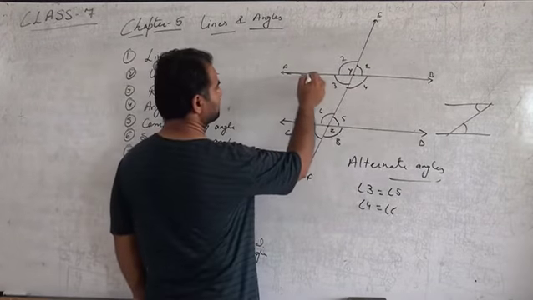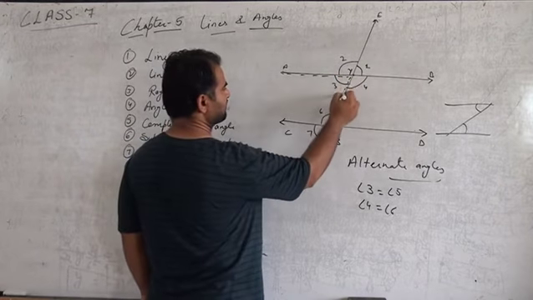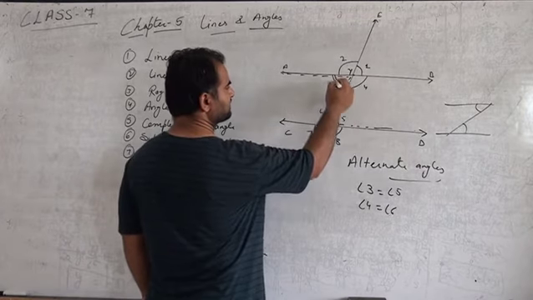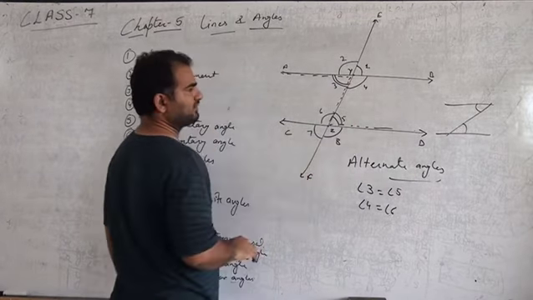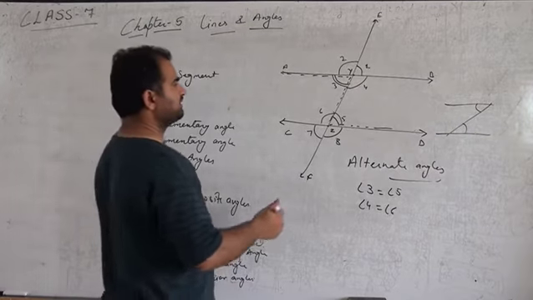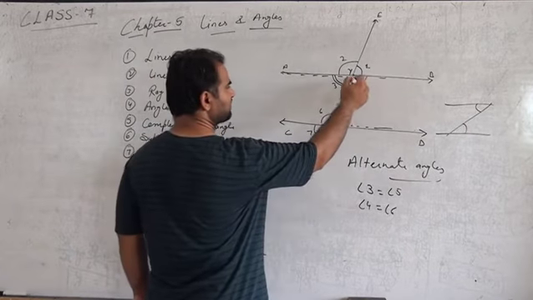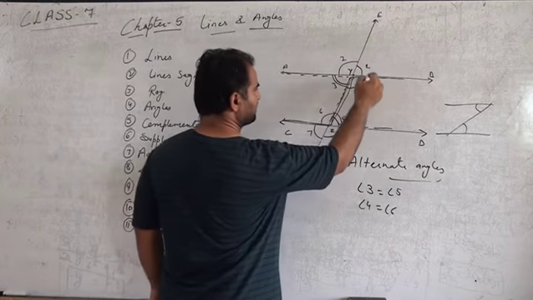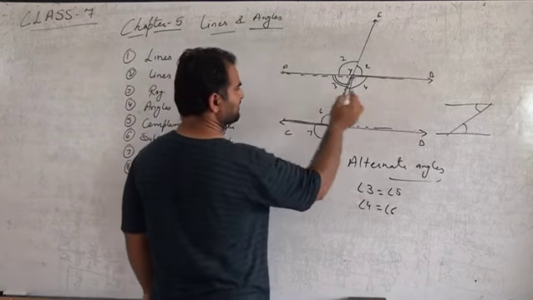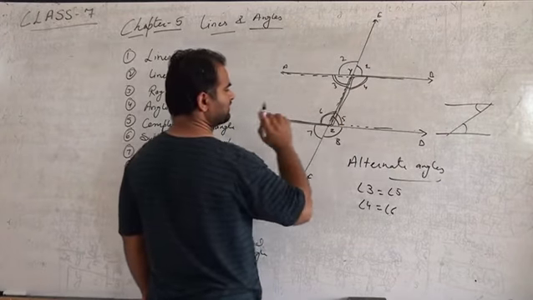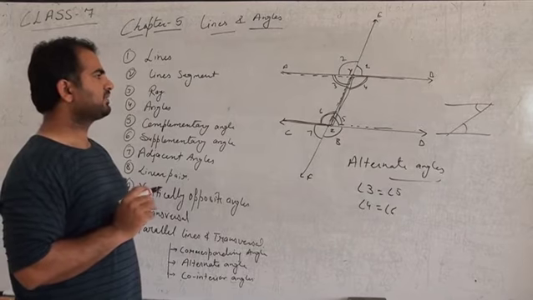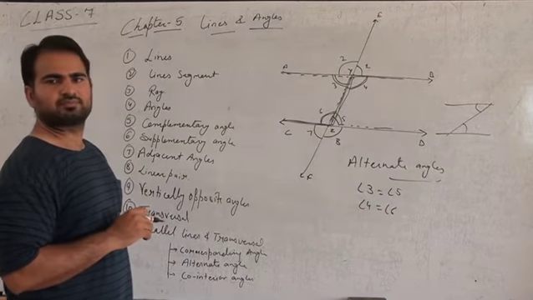Like this. Okay, this is a Z-like structure. These angles are the same. Next, this is also a Z-like structure. Yes or no? So angle 4 and angle 6 will be the same.